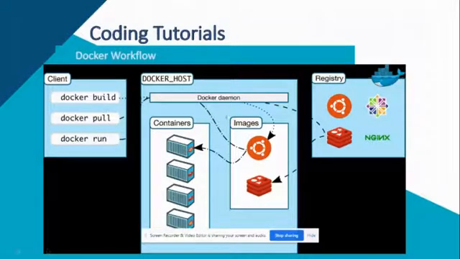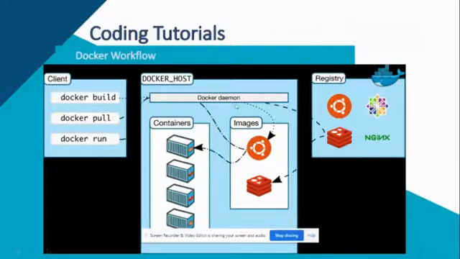Once your image is created, see how it goes. When I'm building, first it will check whether that image is there in the Docker image hub or not. If it's not there, it will create an image and publish it to this Docker image hub. Next time it won't come here, it will retrieve it from the Docker hub.